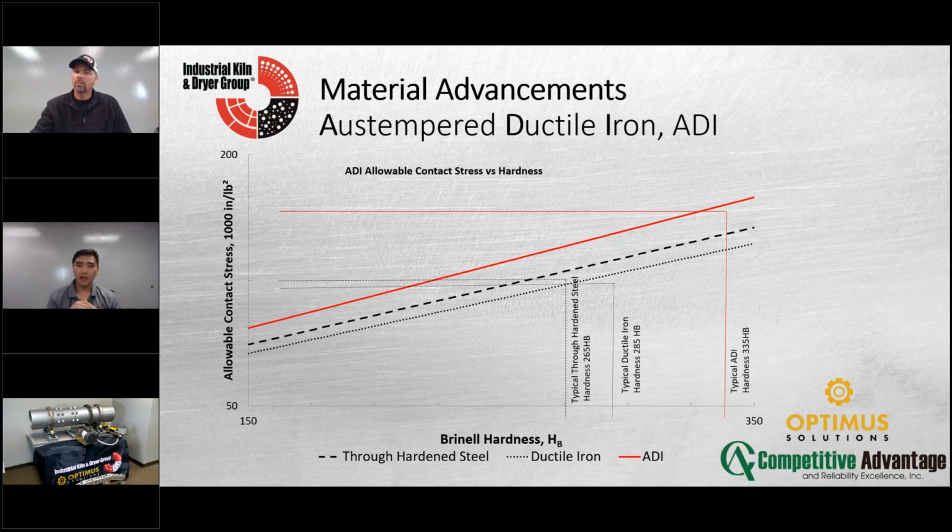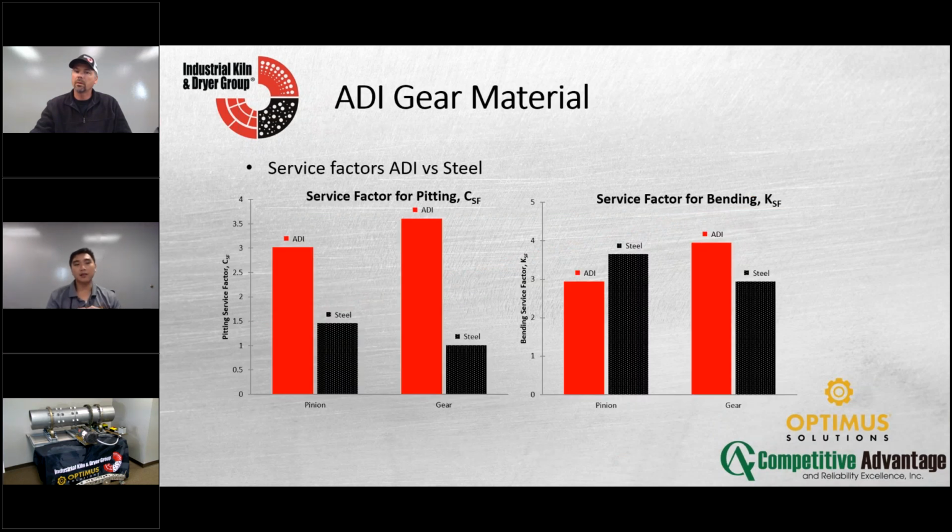And what I want to say here is that some of the service factors related to it compared to regular steel have a tendency to be better, as you can see on the pitting. And other than the pinion a little bit, you have another good service factor for the bending stress. Typically, pitting is what matters more, what occurs more often.